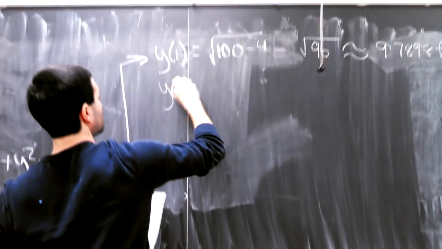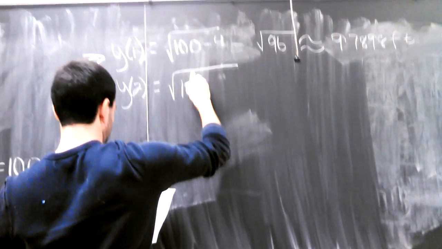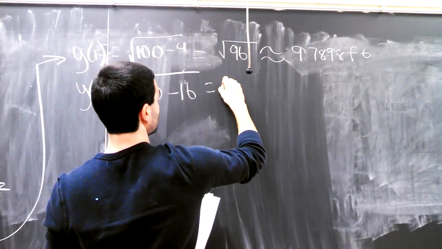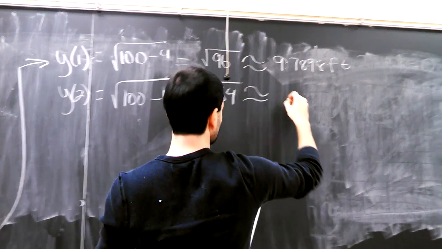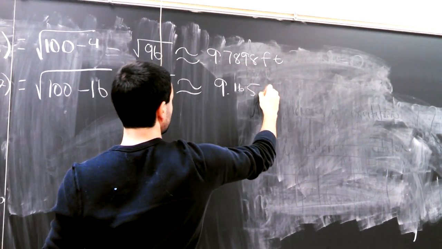Y of 2 is equal to radical 100 minus 16, which is equal to radical 84, which is approximately 9.165 feet.